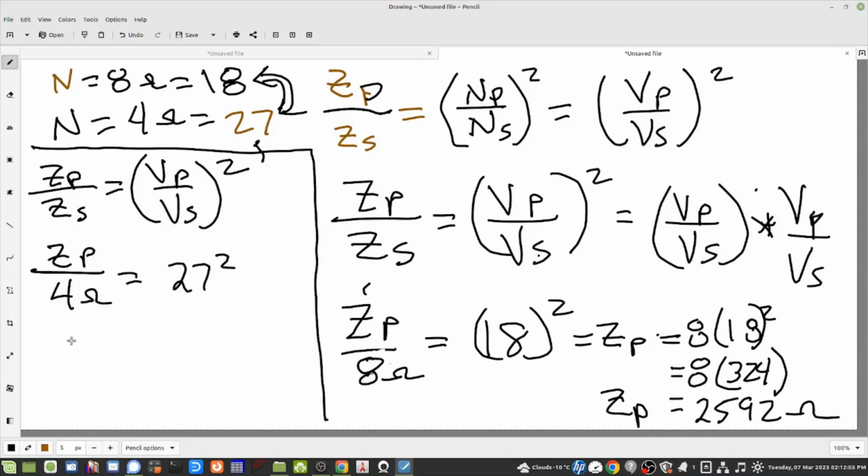And so using the same math as we did down here, the same equation, we see ZP equals 4 times 27 squared, and ZP equals, 27 squared is 729. 4 ohms times that number is 2916 ohms.